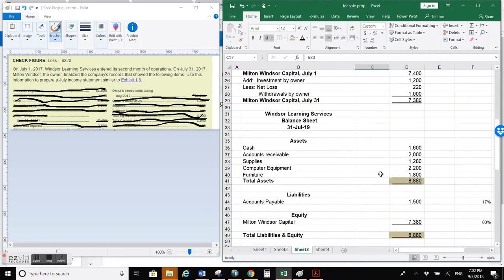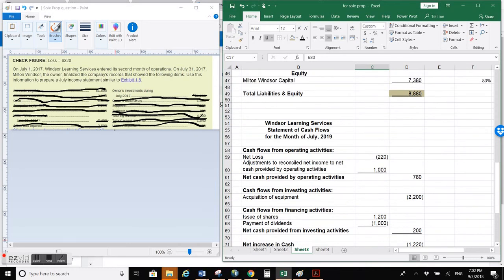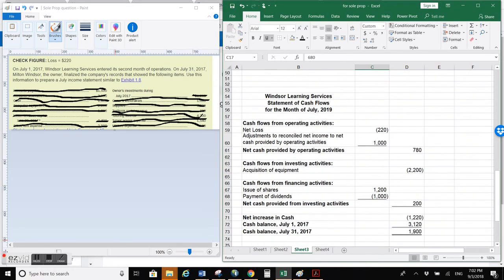Now, what you need to know for the statement of cash flows for this course is the three different sections. So the first section, cash flows from operating activities. This is the money that's going in or out of the bank account due to the normal day-to-day transactions from the company. Then we have cash flows from investing activities.